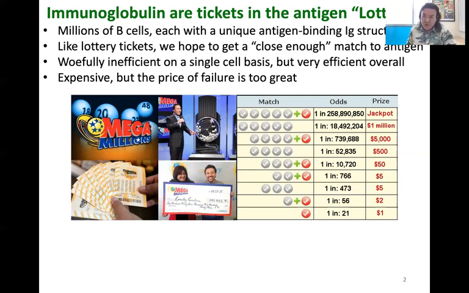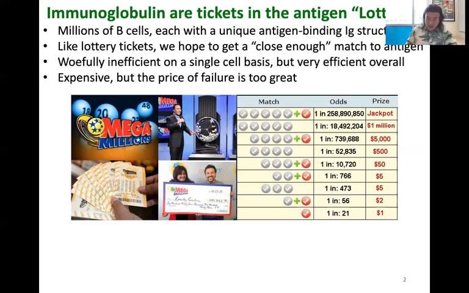Because all along when we've been talking about choosing or selecting a B cell because its cookie recipe, its particular immunoglobulin shape, is the right one, the close enough match, we are not talking about one B cell. We are talking about a population of B cells, all of them having slightly different immunoglobulins that by chance all are kind of close enough to be considered some degree of a winner.